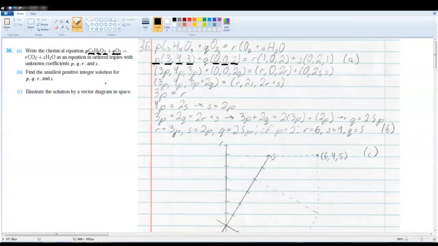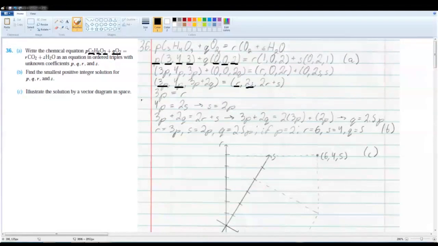Then it asks to find the smallest positive integer solution. So in order to find that, I basically did the scalar multiplication and converted it into a system of equations. So I multiplied, then I added, then I converted to a system of equations. So basically we have 3p equals r, and 4p equals 2s, and so on.